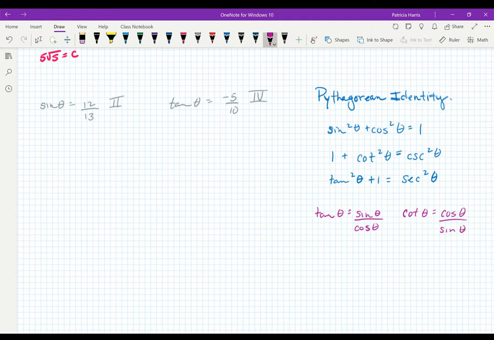All right, so let's do the first one. Let's find cosine using a Pythagorean identity. So we're going to use this one, and we're going to find cosine. Starting with our identity, and then we're going to substitute and do a little arithmetic.